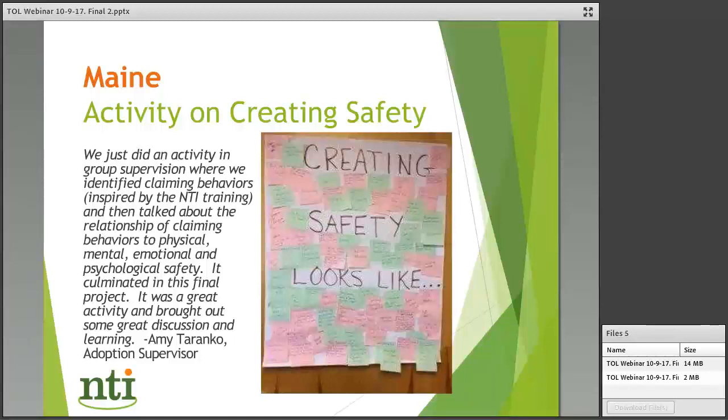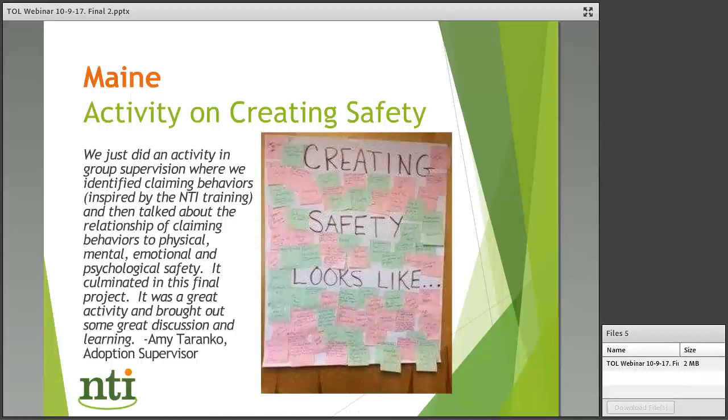Yeah, and Maine is on holiday, so I'm going to talk a little bit about the activity that they conducted. Amy Taranko, the adoption supervisor, used a group supervision to do an activity where the staff around the table were identifying claiming behaviors, and this is in regard to Module 3 on attachment.